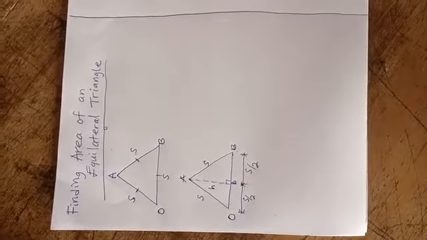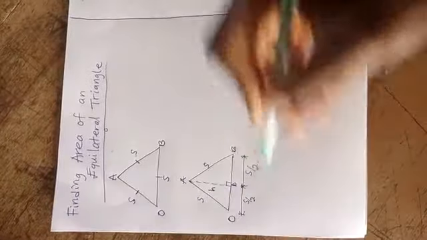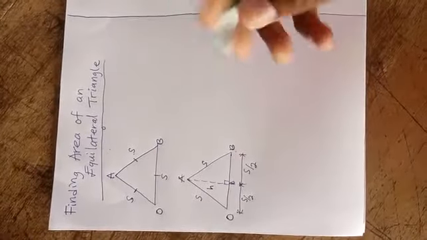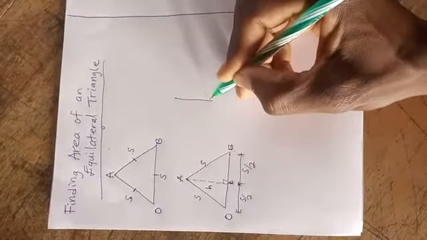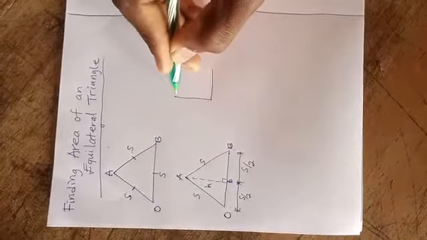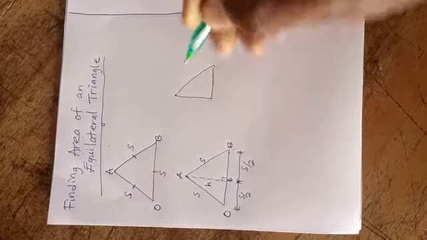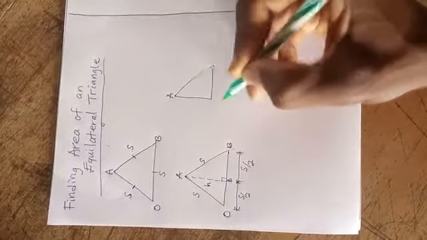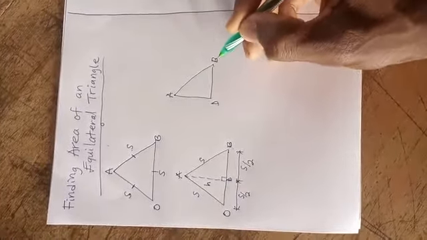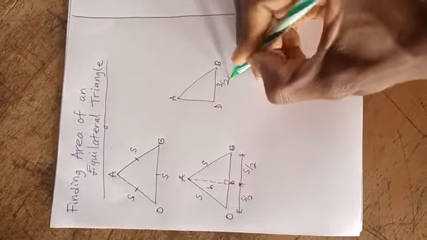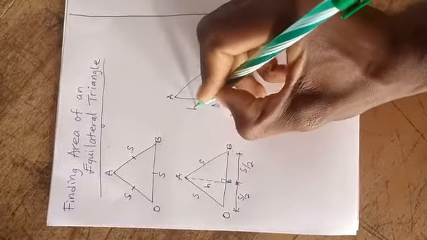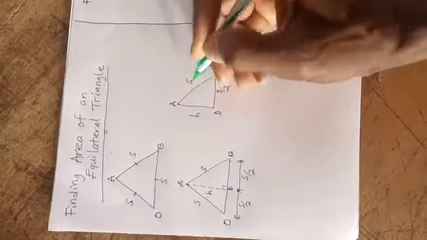So let's extract half the triangle, triangle ADB, from this portion. This length is S over 2, this is H, which is the height of this triangle, and this is S.